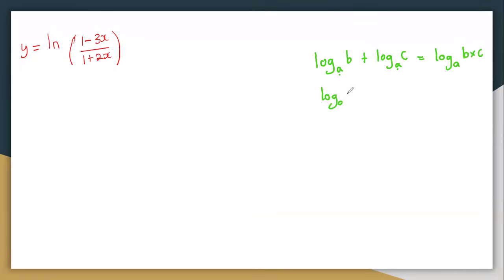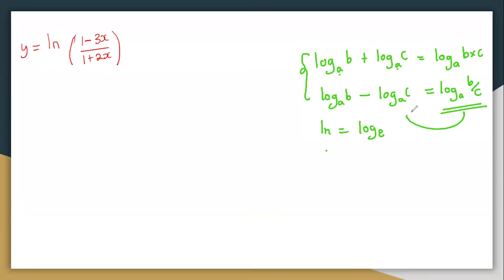If you have log of A minus log of B, this is the same as log of A divided by B. The same laws apply to natural log, which means log when the base is e. So if you find a log written in one format, you can take it into the other format.